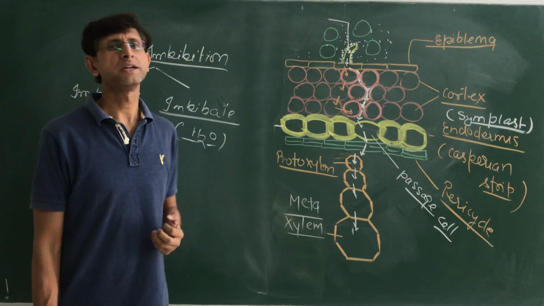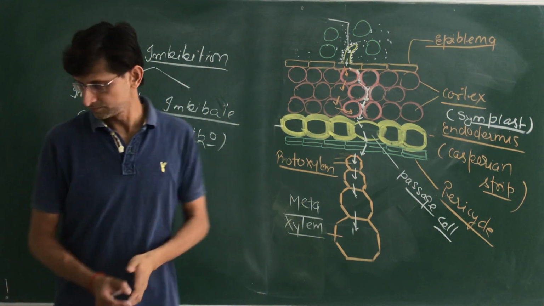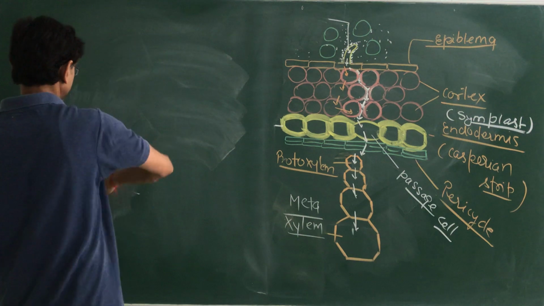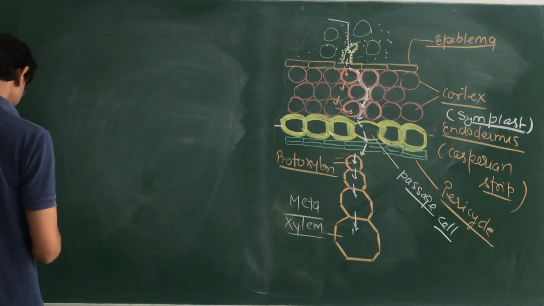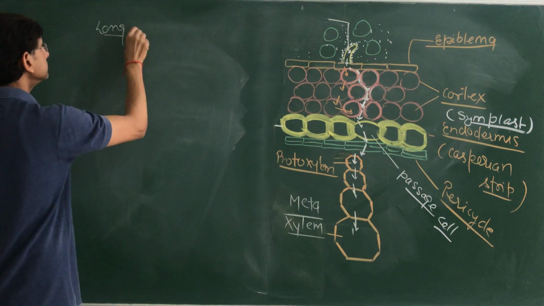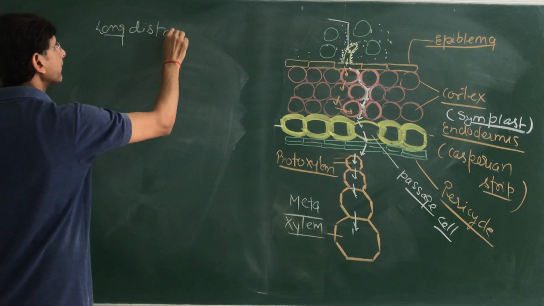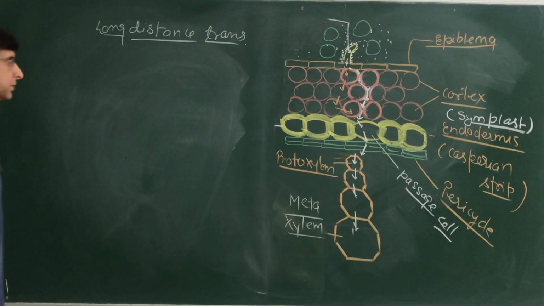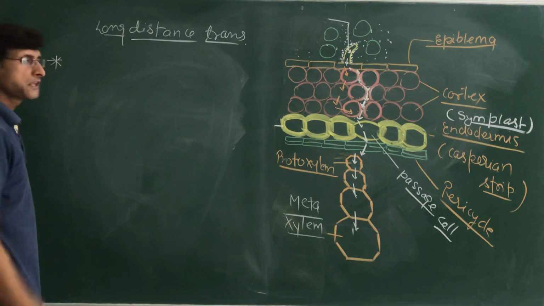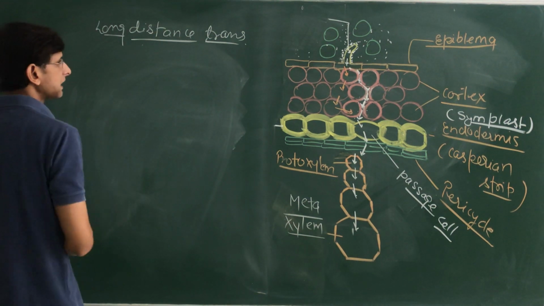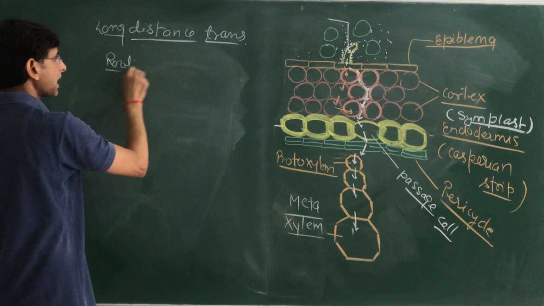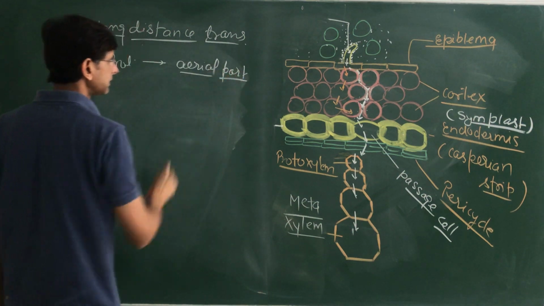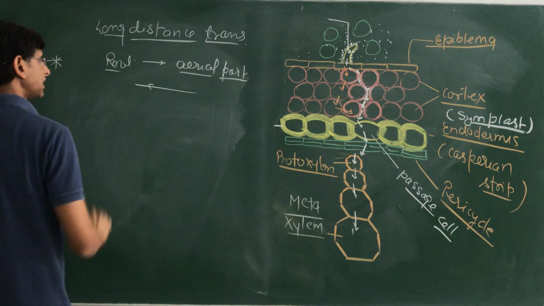What do we mean by long distance transport? Long distance transport includes transport of material from one part of the plant to another, like from root to aerial parts, and from aerial parts to roots and other plant parts.